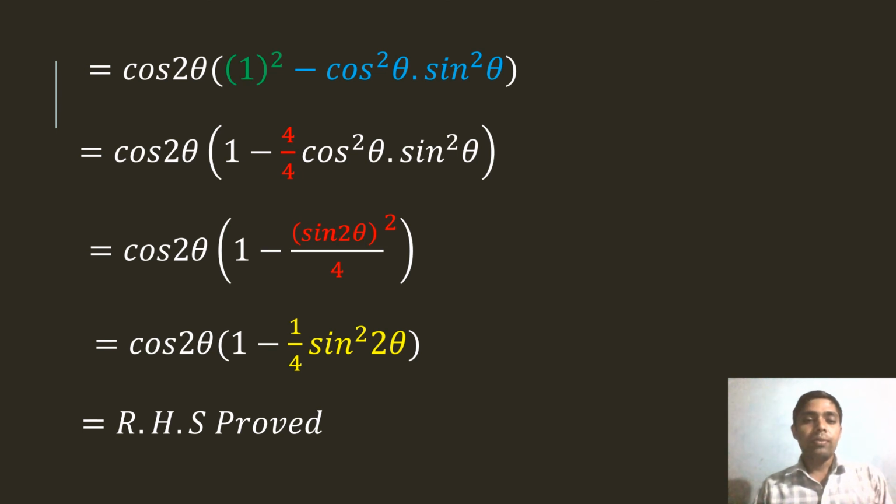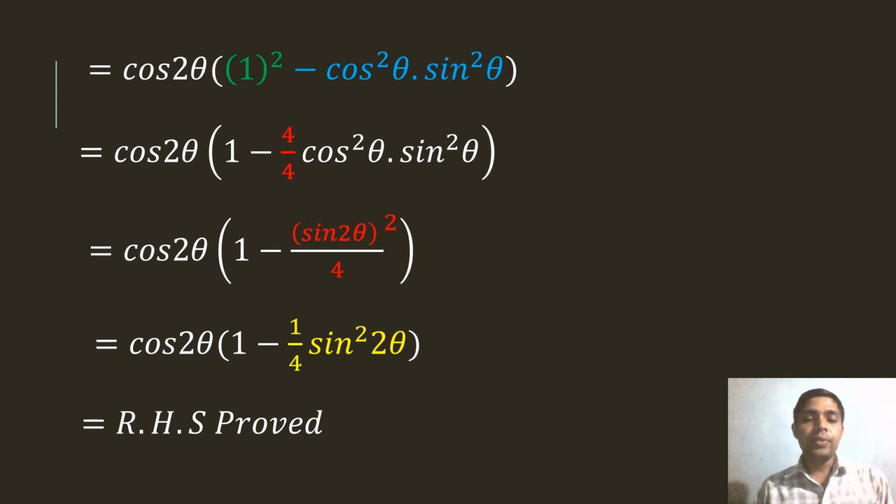In the same way we have now cos 2θ (1 − 1/4 sin² 2θ). 1/4 we keep first, then sin² 2θ. This square is for sin, so sin² 2θ; whatever power we have works only for the trigonometric ratio, not for the angle. Then this is only our RHS. In this way we have proved this problem.